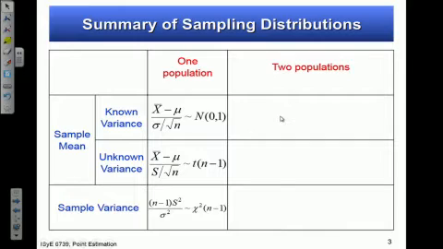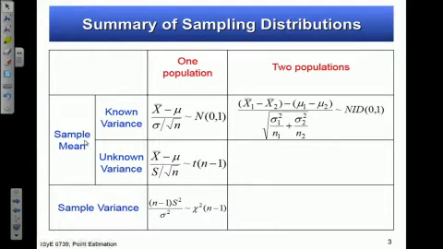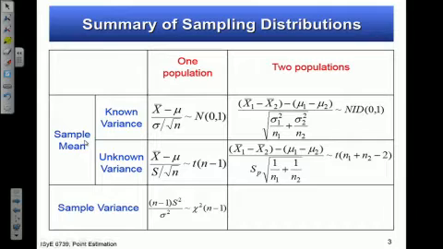How about two populations? We have two populations, variances are unknown, and we want to know what is the distribution of the difference of X bars, or difference of sample averages. Normal, and if we want to know the same thing, the distribution of the difference of sample averages, when we don't know the variance, it would be T with n1 plus n2 minus 2 degrees of freedom.